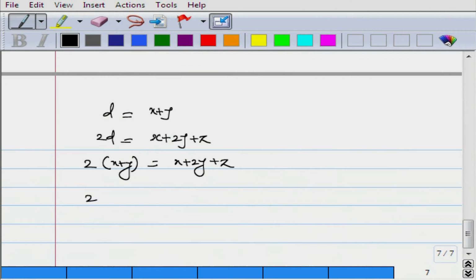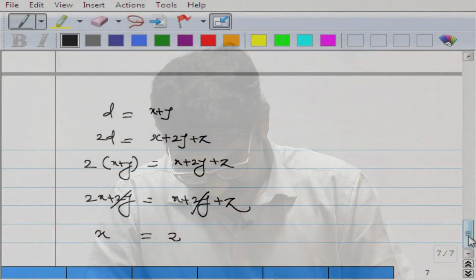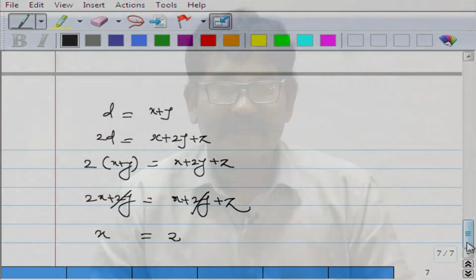We solve this: 2x plus 2y is equal to x plus 2y plus z, 2y gets cancelled. From this side x is remaining, from this side z is remaining, meaning we have proved, right, x is equal to z. So, we proved this.